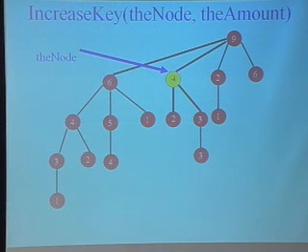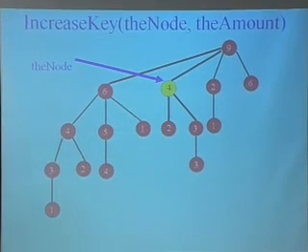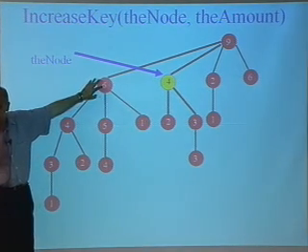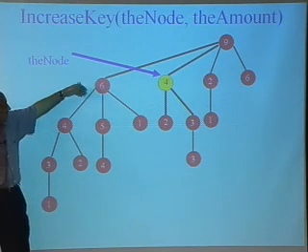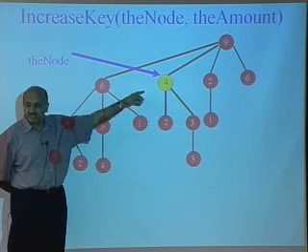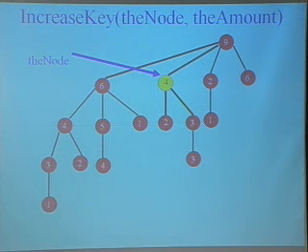All right, so regardless of what you increase it to, that subtree is detached. You pull it out of its doubly linked list, and that's an order 1 operation. You do have to be careful if you're pulling out the leftmost fellow, for example, this guy. Then you have to change the child pointer in the parent so it points to the next fellow. All right, so we're going to detach.